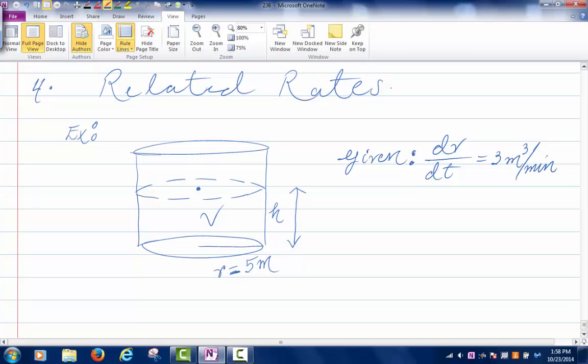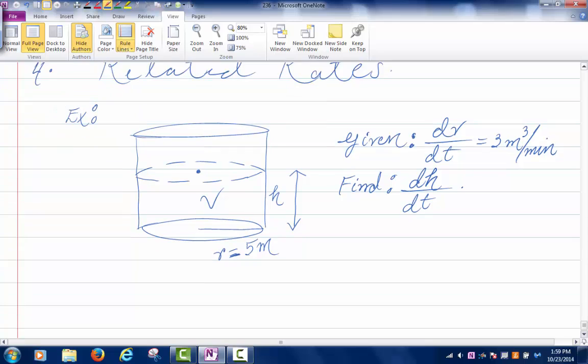So that's the rate at which the volume is increasing. And then what you have to find is the rate at which the height of the water is increasing. So you have to find the rate of height of the water. Is the question clear?